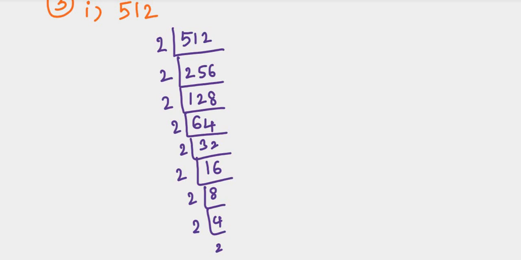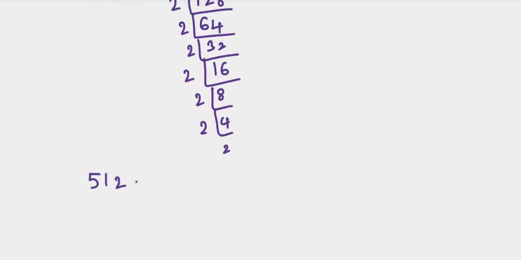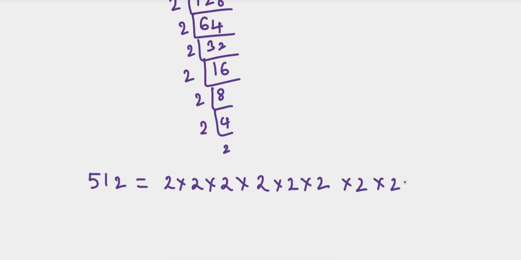All are 2s only. 512 is equal to 2 multiplied by 2 multiplied by 2 multiplied by 2 multiplied by 2 multiplied by 2 multiplied by 2 multiplied by 2 multiplied by 2. That is equal to 2 to the power of 9.